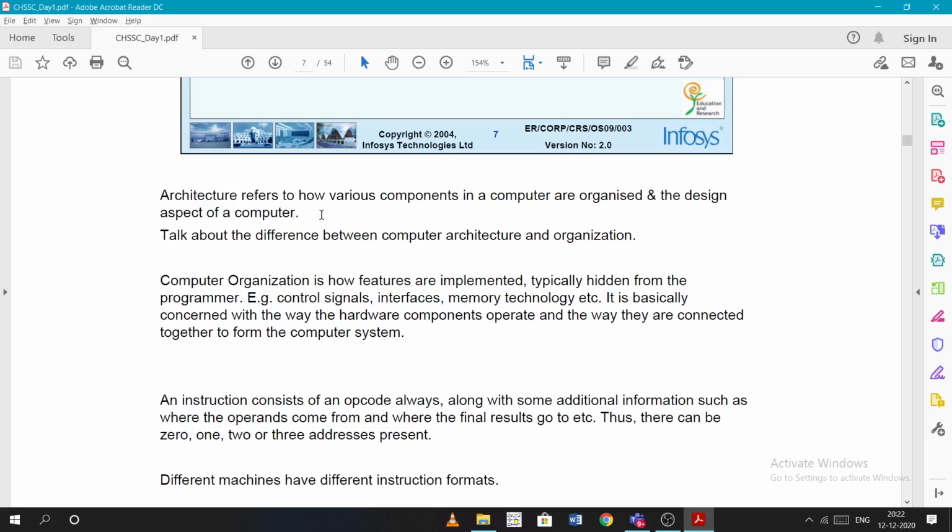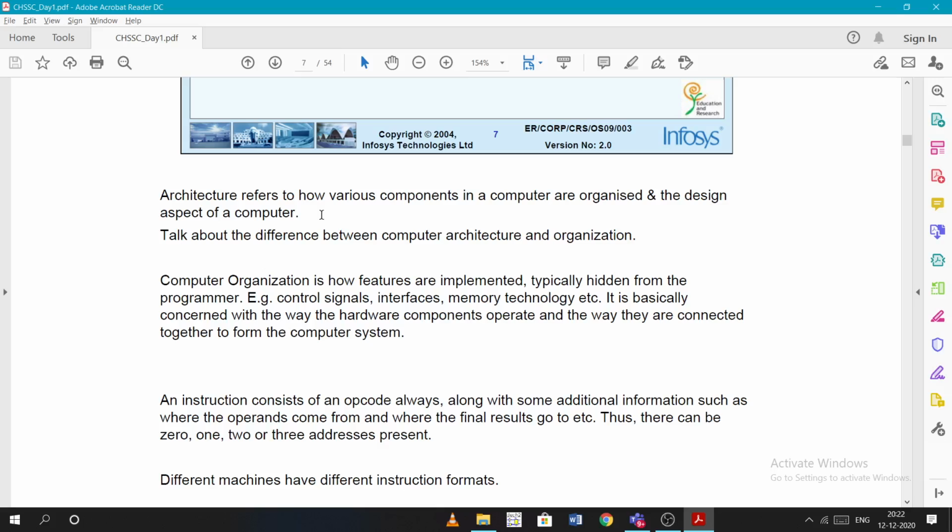Computer organization is how features are implemented, typically hidden from the programmer. An example is control signals, interfaces and memory technology, etc. It is basically concerned with the way the hardware components operate and the way they are connected together to form a computer system.